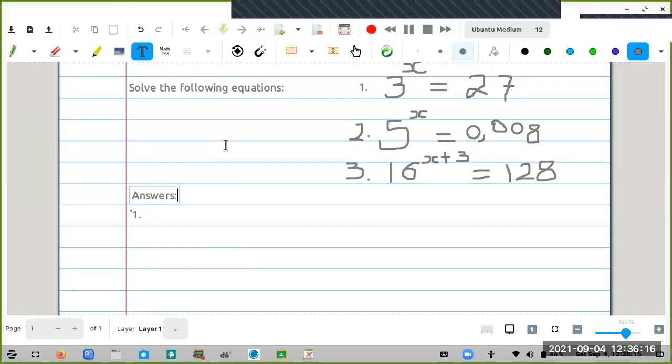The first thing is just a matter of changing our bases. Let me copy the problem that we are solving here: 3 to exponent x is equal to 27.